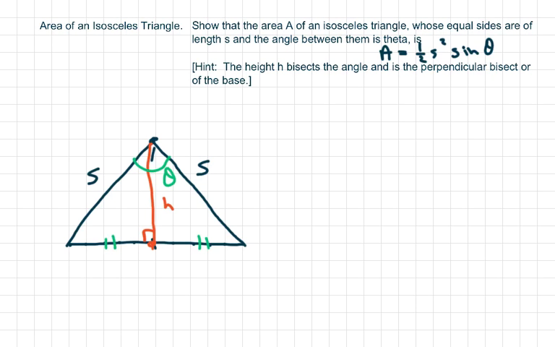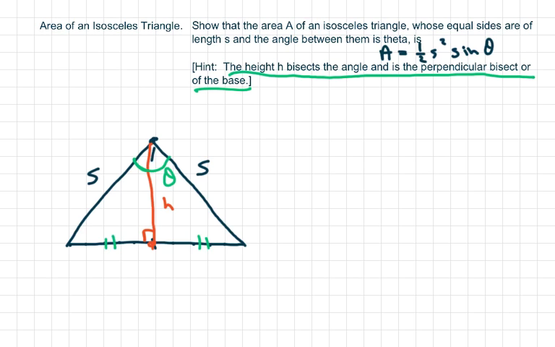So what we're going to do first is know that cosine of theta, and what we did is we bisected the isosceles triangle here. So we know cosine is adjacent over hypotenuse. So this is your height, but our angle is cut in half here.